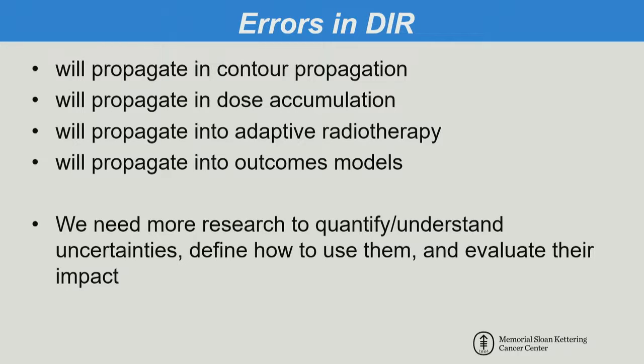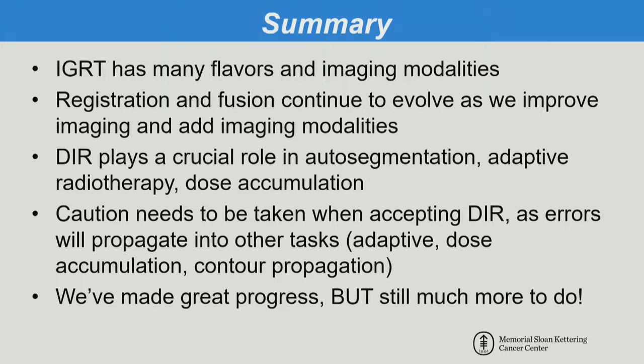So in summary, IGRT has many flavors and imaging modalities. Registration and fusion continue to evolve as we improve imaging and add more modalities. DIR plays a crucial role in many of these tasks: auto-segmentation, adaptive radiotherapy, and dose accumulation.